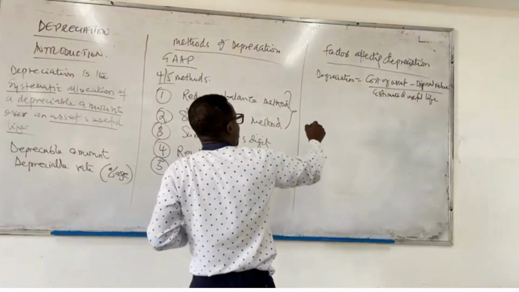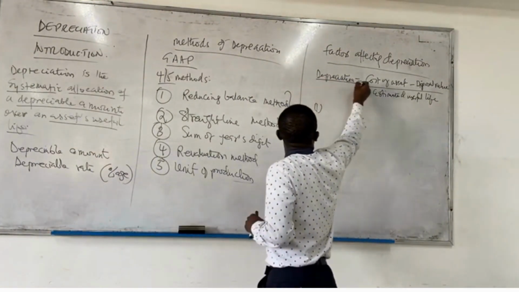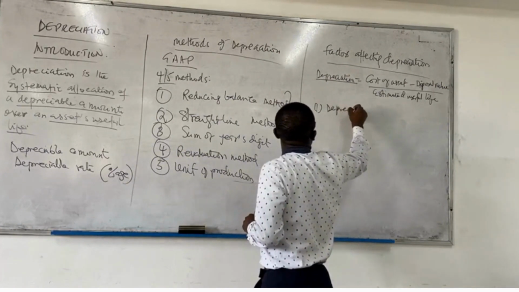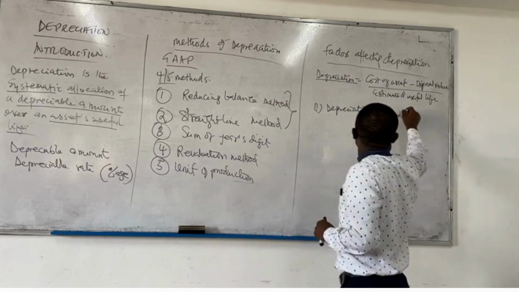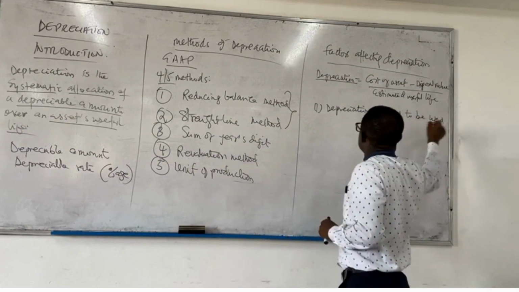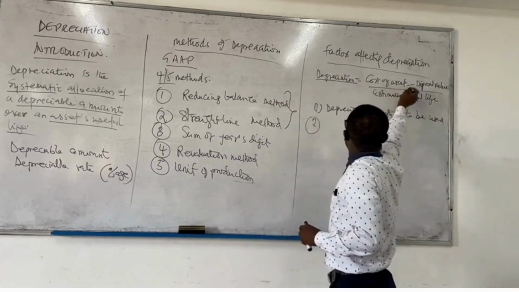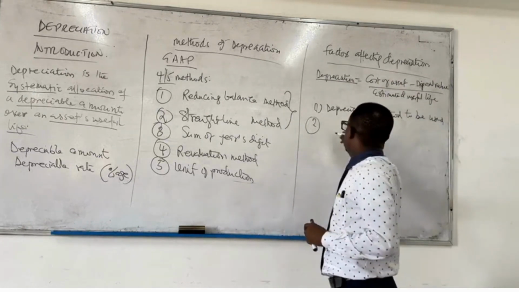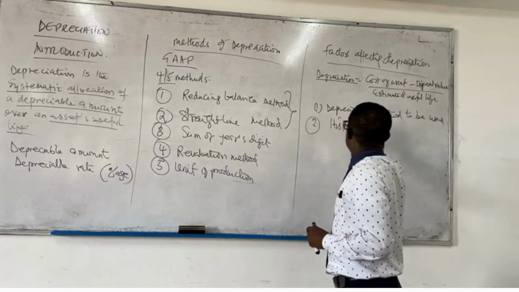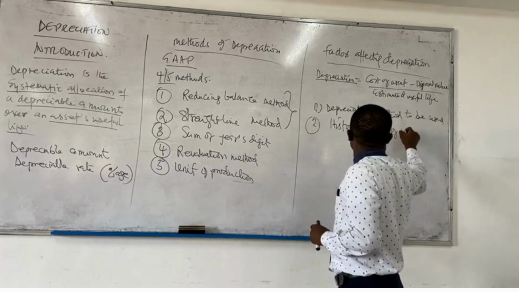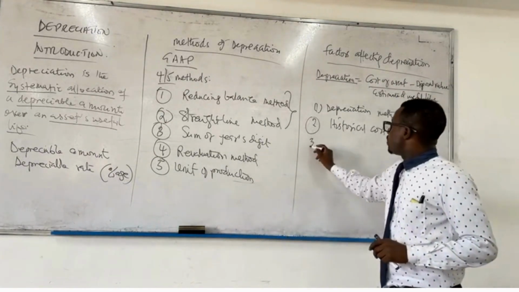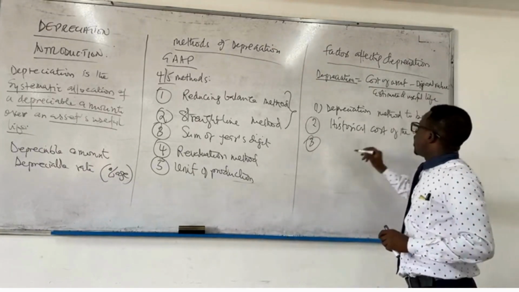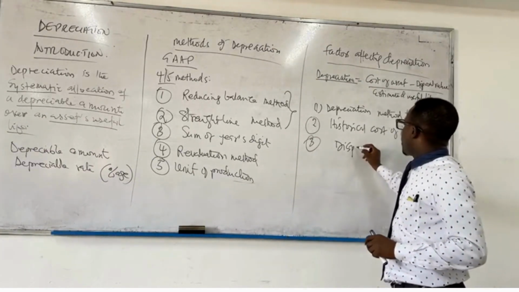Then you state the factors as follows. 1, the depreciation method to be used. It's one of the factors that affect depreciation. Second, the historical cost of the assets. Then 3, the disposal value or value at disposal.